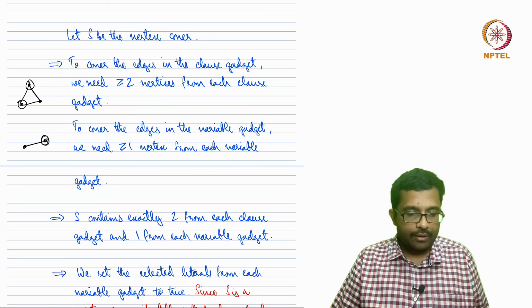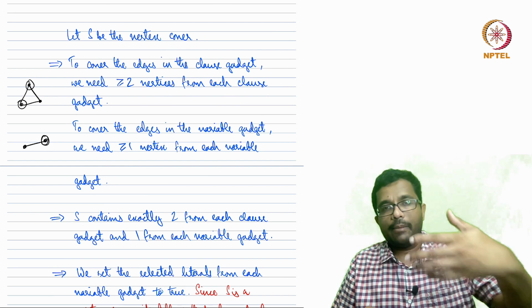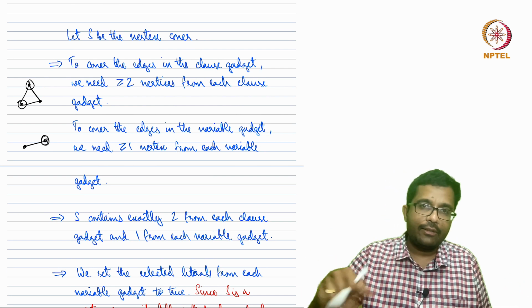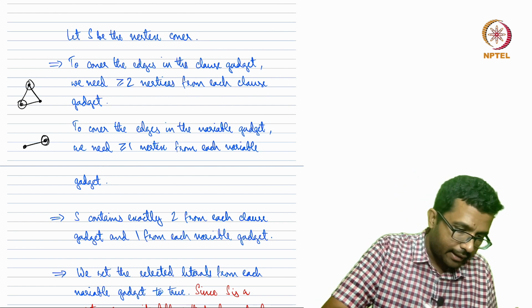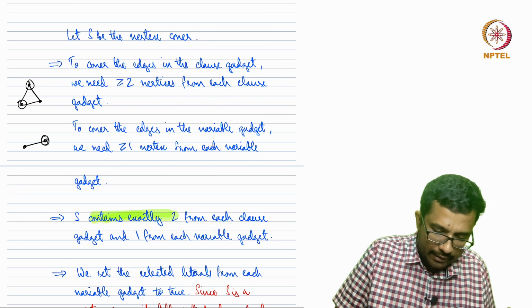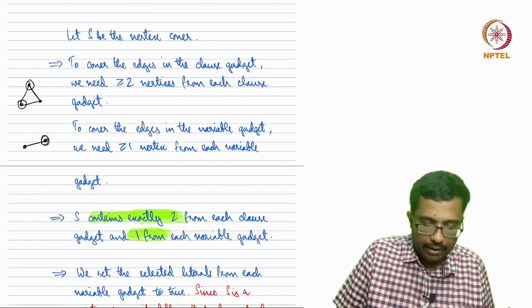right? Because if we pick more from one class gadget, that means some other class gadget or variable gadget will not get this number, and hence there will be something that is not covered in that class gadget or variable gadget. So this implies that the vertex cover contains exactly 2 vertices from each class gadget and exactly 1 vertex from each variable gadget.